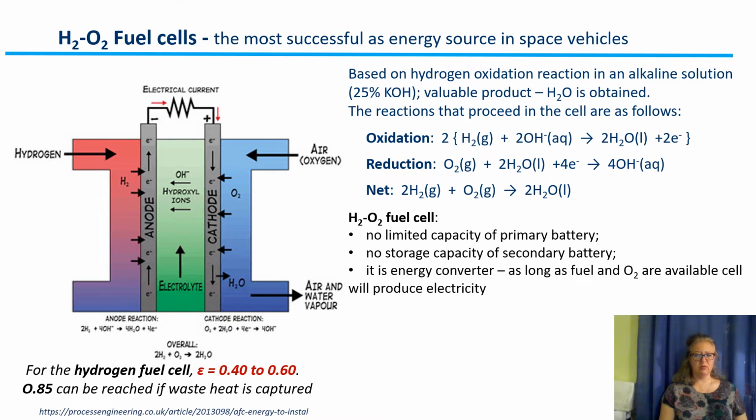The better solution is to use hydrogen in a hydrogen-oxygen fuel cell. In this cell, the reaction of hydrogen and oxygen in an alkali electrolyte, which usually is 25% potassium hydroxide, produces a valuable product, water.